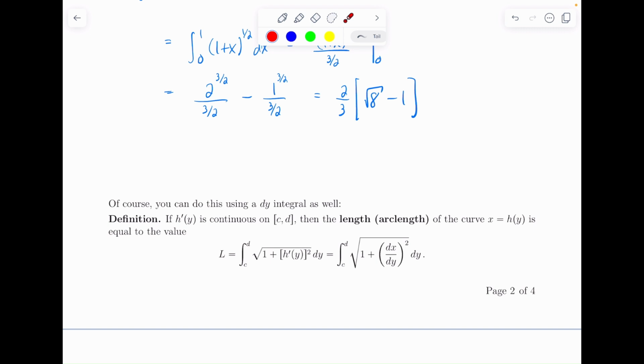Namely, if h prime of y is continuous on some interval cd along the y-axis, then the length of that function, x equals h of y, is just exactly what you'd expect. The only main difference is it's now a dy integral. But for many, many purposes, we will stick to x integrals because we want to focus on the arc length computation, not necessarily where our function is defined in terms of what variable.